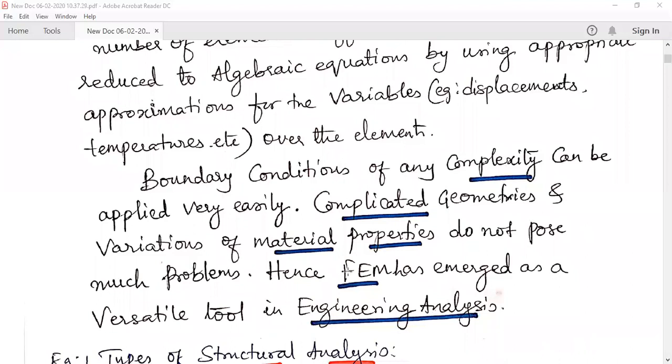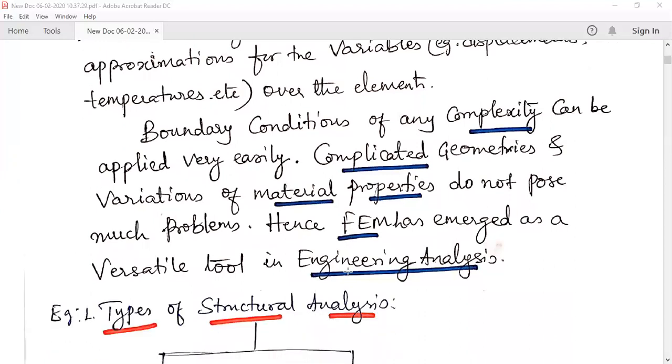Material properties also do not pose much problems. You can solve problems on isotropic and anisotropic composite materials, different kinds of materials, coupled problems, piezoelectric materials, and so on. Hence, FEM has emerged as the most powerful and versatile tool in engineering analysis, even in today's context.